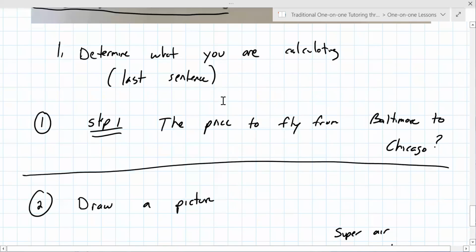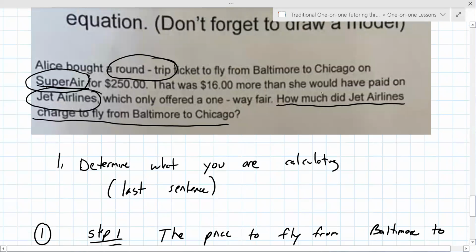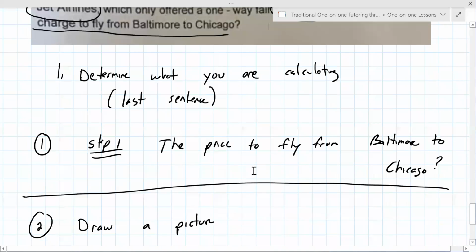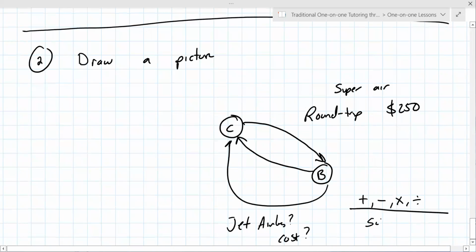If you want to know how much more something is, sometimes that's addition, or multiplication, so those are all right, but it's in the context. We have to look at the numbers here. The flight was $16 more. So how do we undo $16 more? Division or subtraction? Subtraction. Yeah. So this is a subtraction problem.